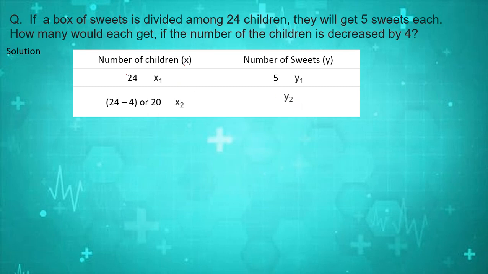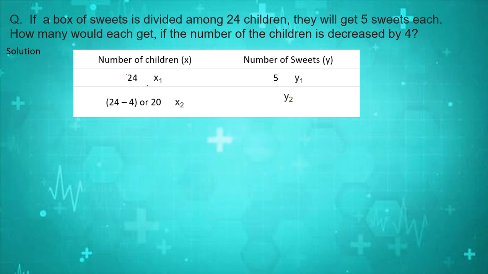As the number of children is denoted by x, 24 and 20 become x1 and x2, whereas the number of sweets is denoted by y, so 5 becomes y1 and the unknown quantity is y2.